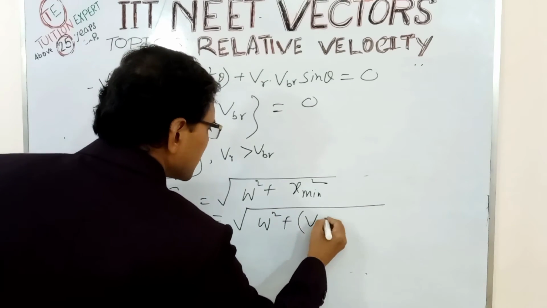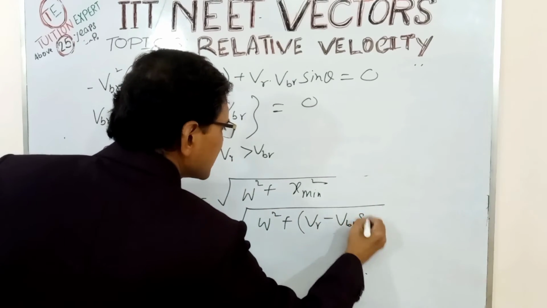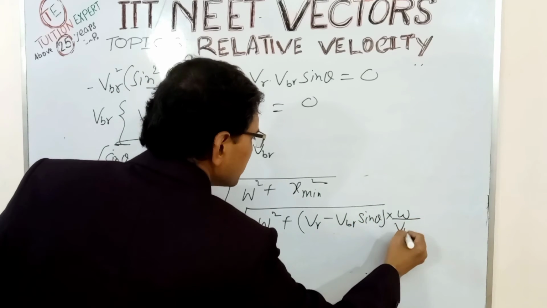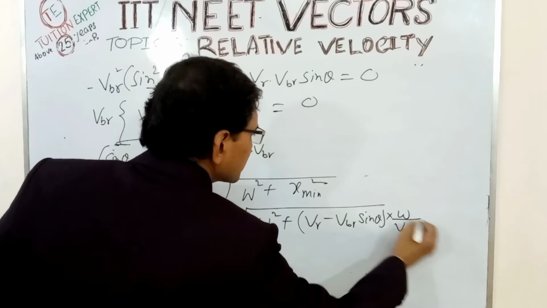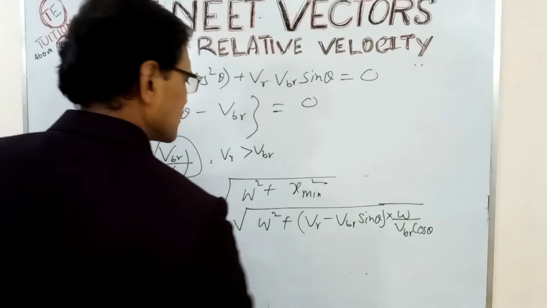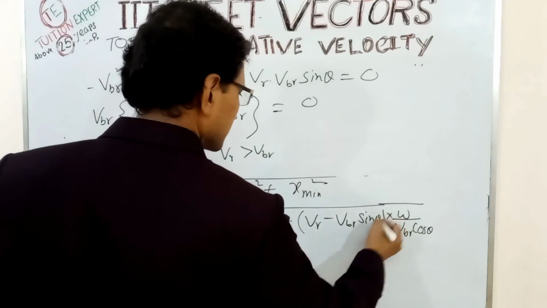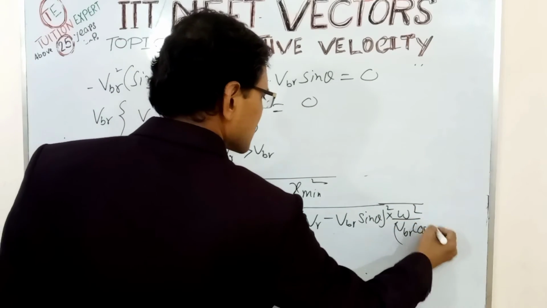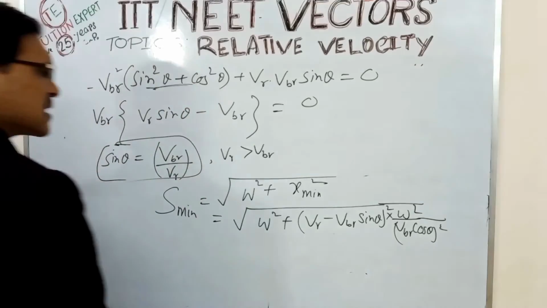So this is vr minus vbr sin theta, and time equals w by vbr cos theta. So this is square. Now what comes here?